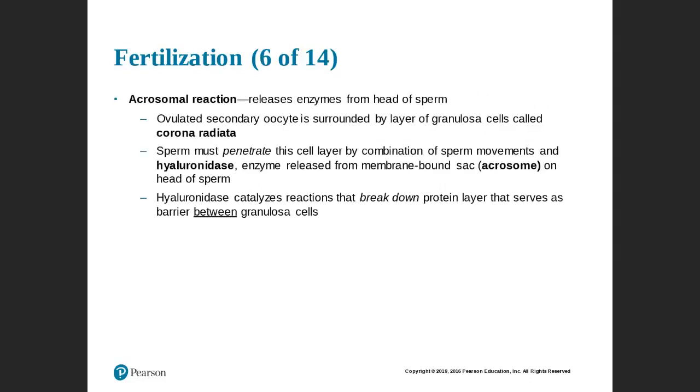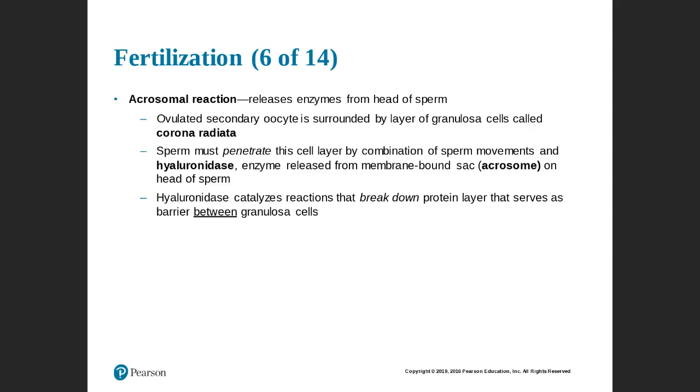And then there's a very important reaction called the acrosomal reaction. Without this reaction, the sperm cannot inject the nuclear material into the egg. The ovulated secondary oocyte is surrounded by a thick layer of granulosa cells called the corona radiata. Corona refers to crown, like the coronavirus, as we all have heard.